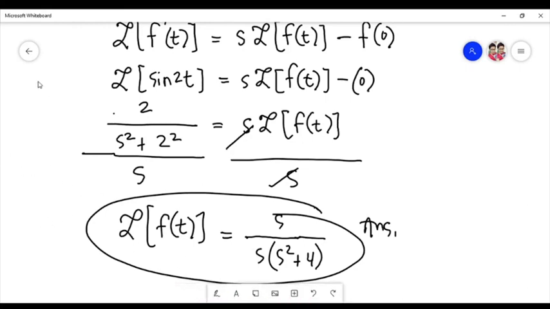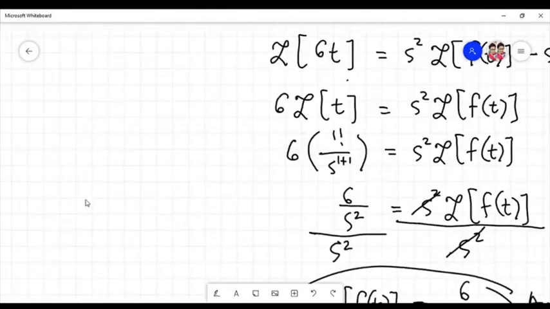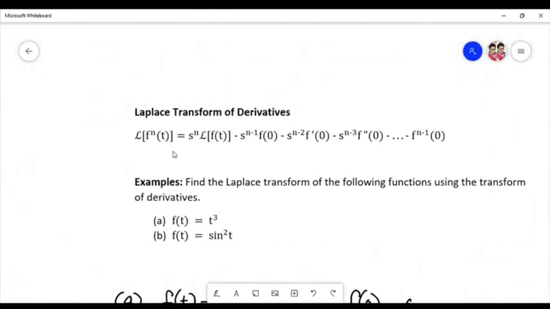All you need to do is, again, memorize this formula. You have to keep that in mind, and I think it's not very difficult to memorize because it actually has a pattern.